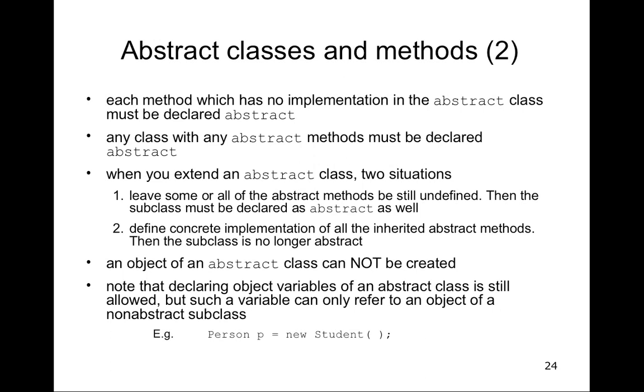No Dinos. So when you extend an abstract class, you have two situations that exist. You can leave some or all of the abstract methods undefined. So let's say you're going to extend another class that's abstract, but you don't want to implement anything yet.